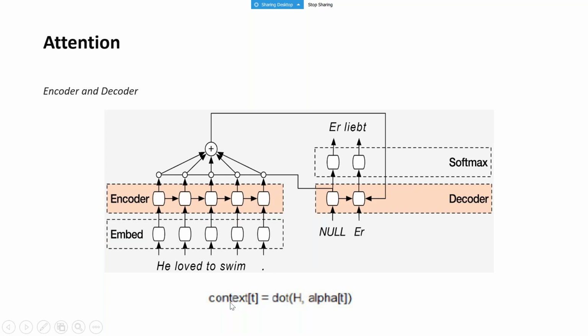You see the context here, the context vector, that is a combination of the hidden layer, I mean, basically the hidden layer weights and the alpha. Alpha is the trained output that we get from each layer. Okay.